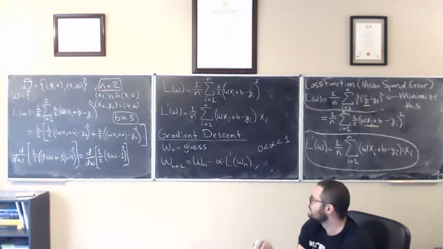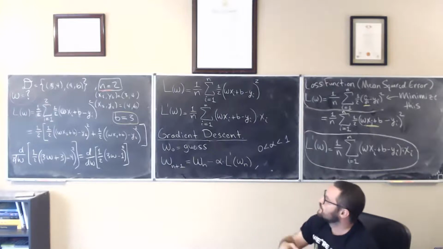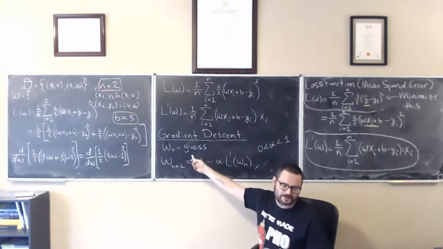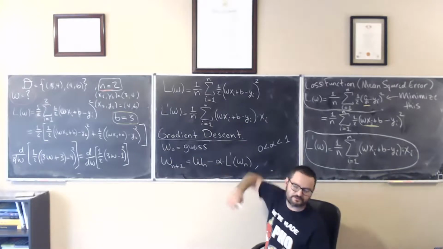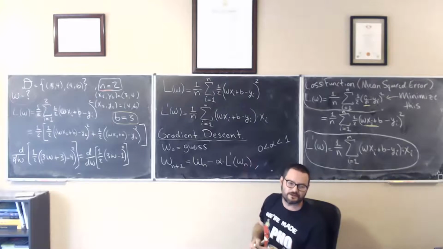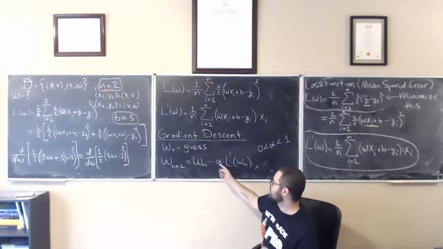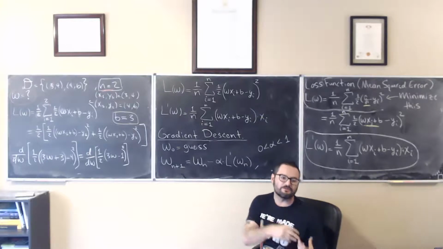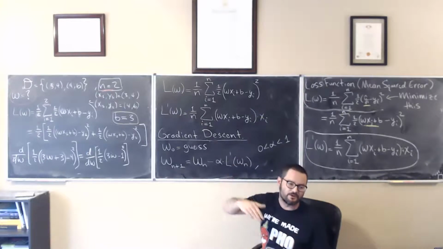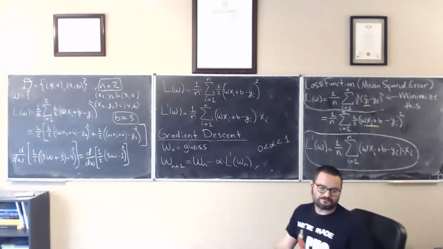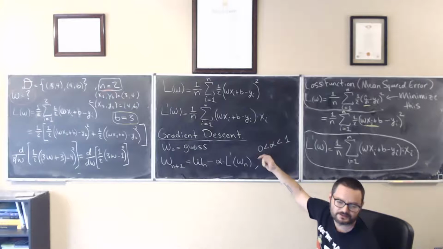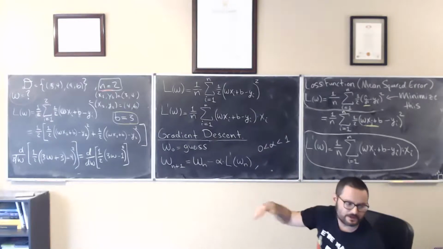And as we discussed last time, one way to do that is to make a guess and then go downhill. The derivative tells us whether to go up or down. Since we're subtracting the derivative, we're always moving to the left or the right in the right direction, so that we're always going down the function. And I even had a diagram in the last lecture to show that it's the right direction to go.